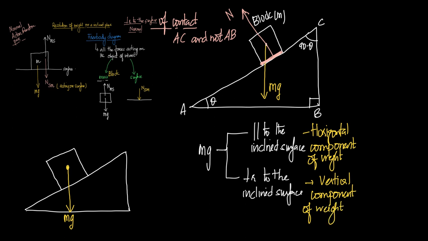Let W be equal to mg. For our ease of understanding, I'll write the horizontal component as Wx and the vertical component as Wy.